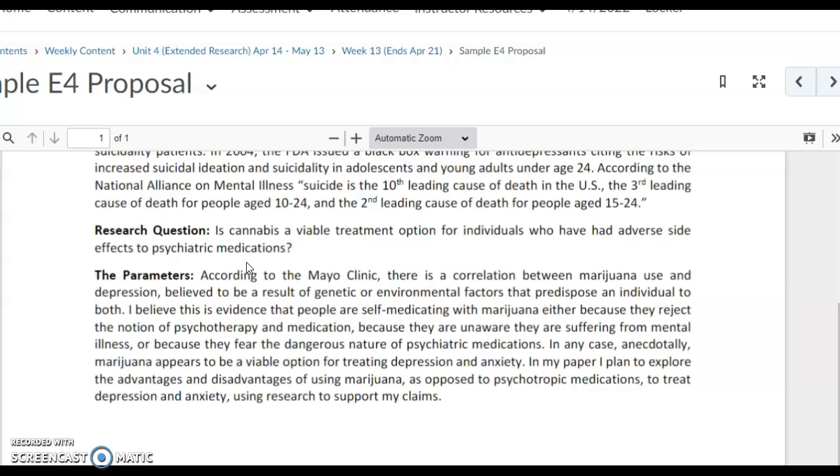And then the parameters. What are we looking at? What specifically pieces of this are we considering? In my paper, I plan to explore the advantages and disadvantages of using marijuana as opposed to psychotropic medications to treat depression and anxiety using research, to answer that question. So that is a sample proposal, just to give you an idea of what these should look like.